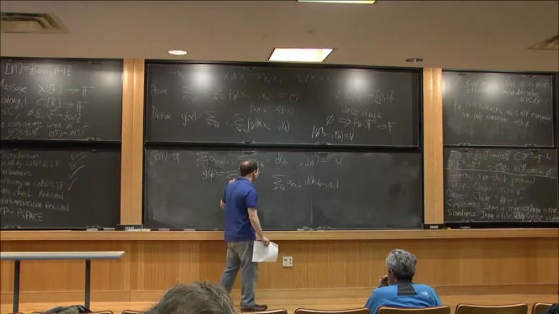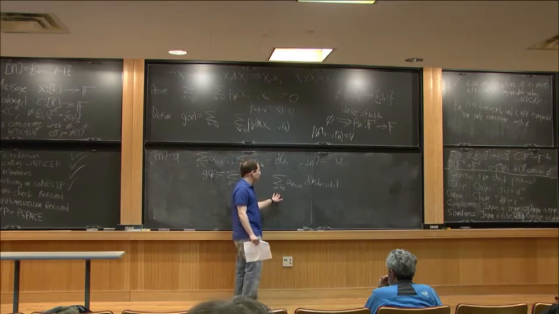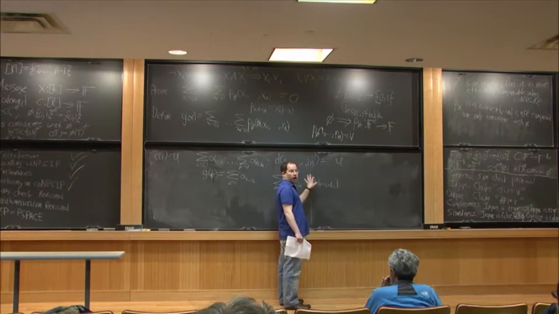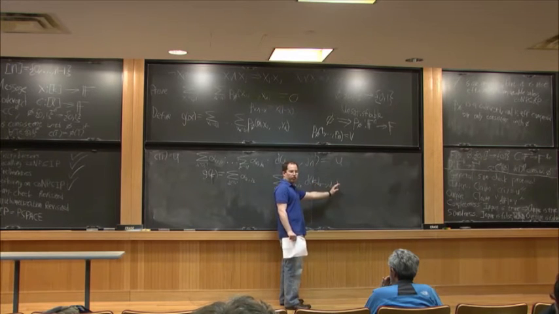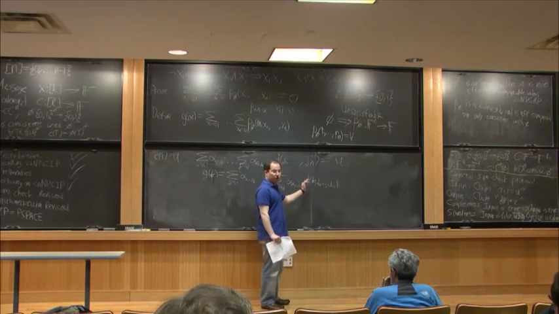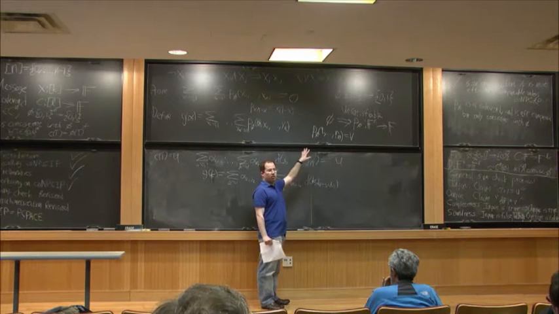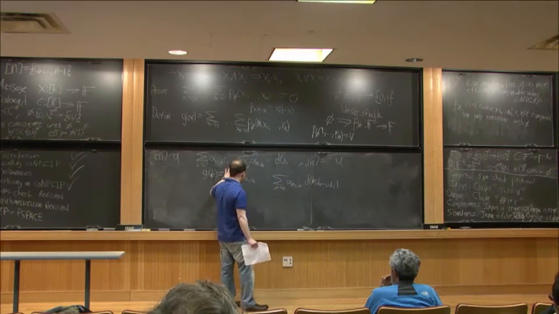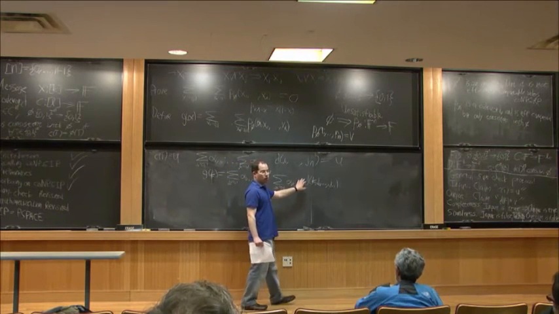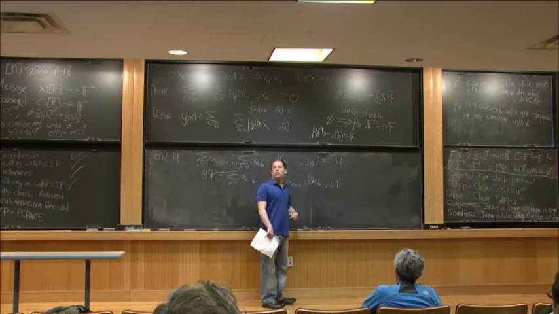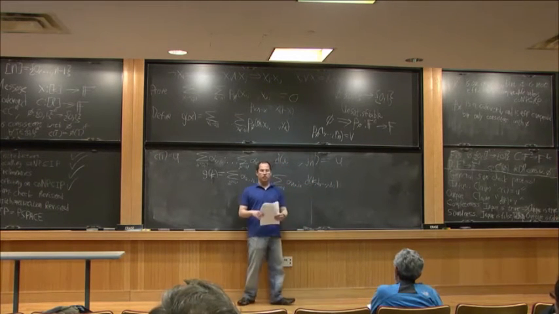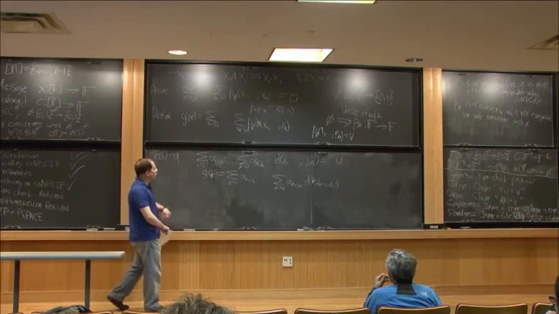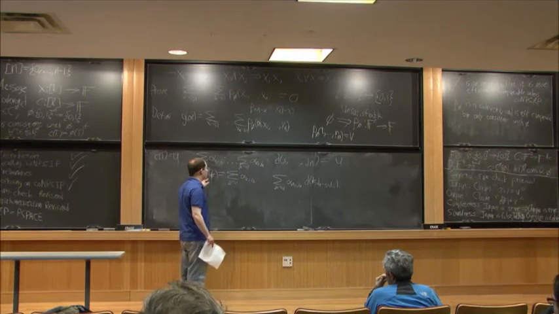For every fixed choice of J2 to Jn, it holds that d, with k being the only free variable, and J2 to Jn fixed, is a code word of capital D. This is just the way I defined tensor product codes. So what we have here is a linear combination of code words of D. So in particular, it's a code word of D, because D is a linear code.